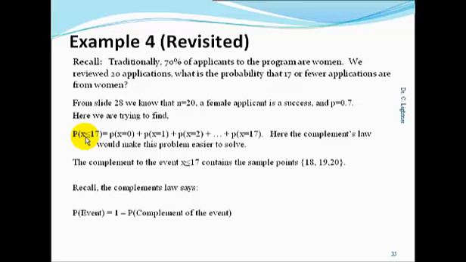The complement to the event that X is less than or equal to 17 contains the sample points X equals 18, 19, or 20 successes. Recall, the complement's law says the probability of an event is equal to 1 minus the probability of the complement of the event. So if we have n equals 20 trials, or a sample size of 20, we can use this complement's law in order to compute the probability for this case.